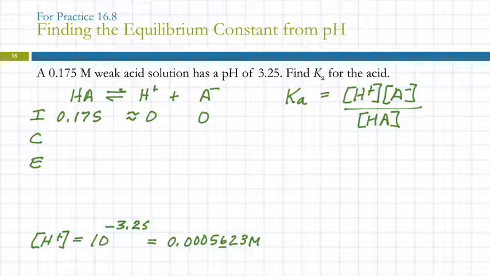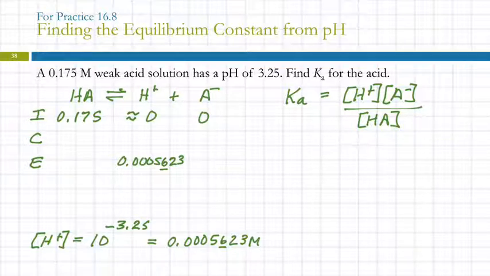That is the equilibrium concentration for hydrogen ion. We measured it using a pH meter. So I'm going to put that in for the equilibrium concentration of H plus.